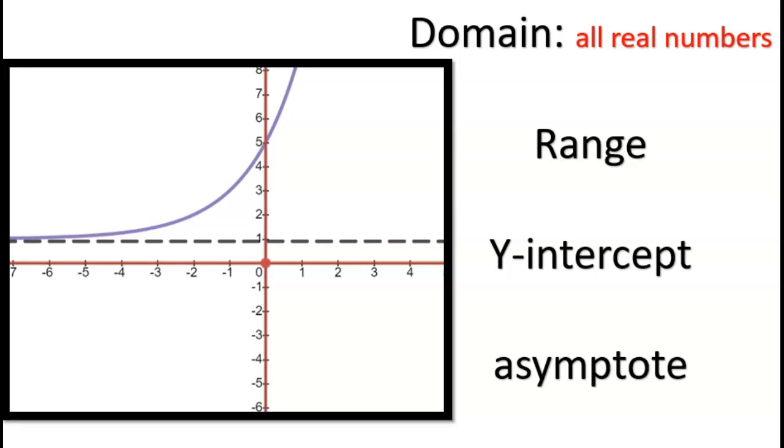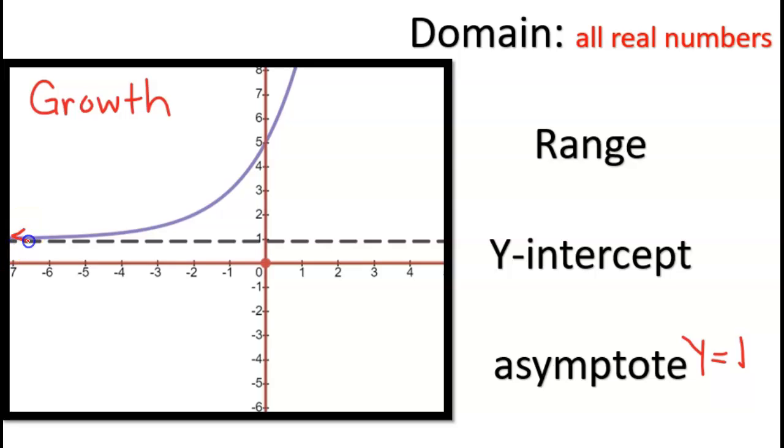Here is another exponential. As I go across the graph from left to right, it goes up. So is it growth or decay? The asymptote represented by the dotted line is at y equals 1.